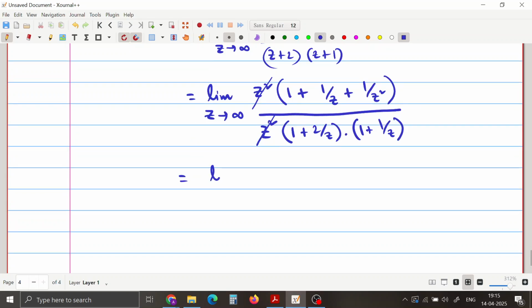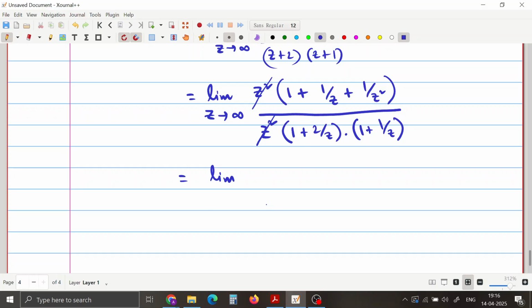Now in my next step, I am in a form where I have terms as reciprocal of z, 1 by z, z inverse. All the terms are in that form. So if z tends to infinity, then 1 by z will tend to 0.